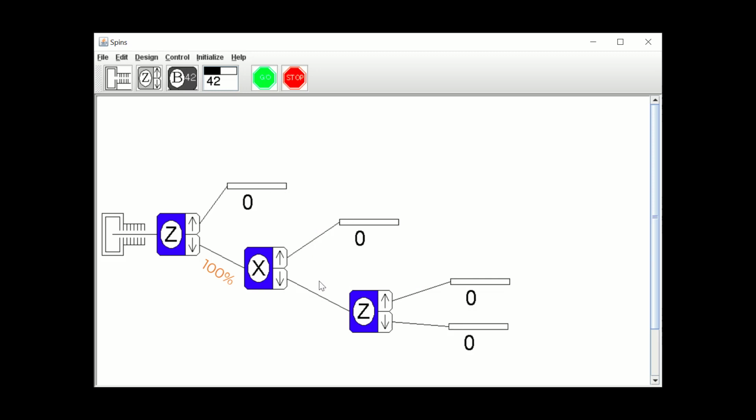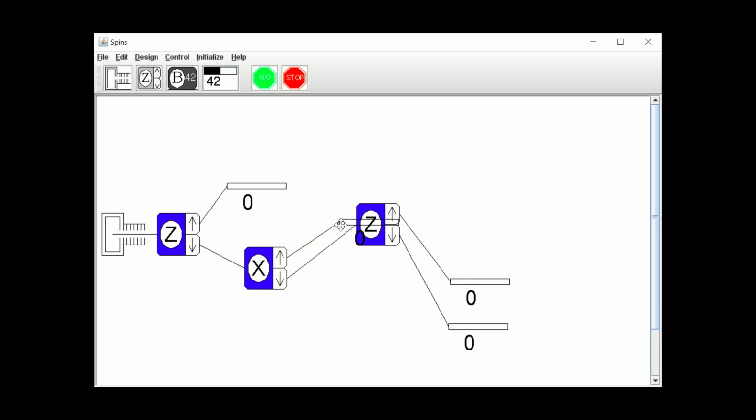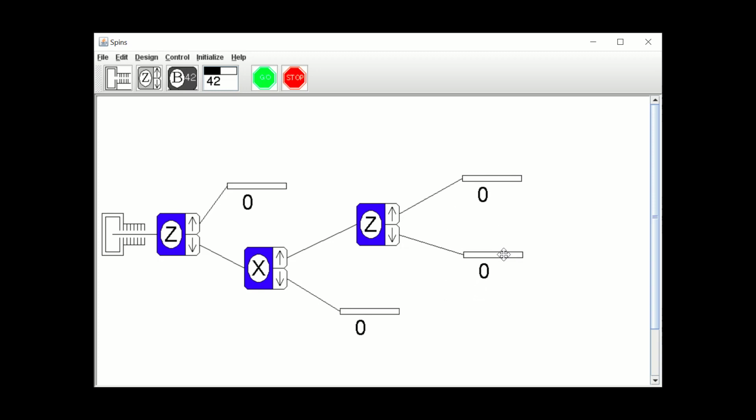I can reset that. And if I wanted to, and I do, I'm going to switch which beam coming out of my Stern-Gerlach analyzer in the X direction is going into my third Stern-Gerlach analyzer and run it this way. So exact same setup. It's set for 100% of my beam being spin down in the Z direction. It's my input into my X Stern-Gerlach analyzer.